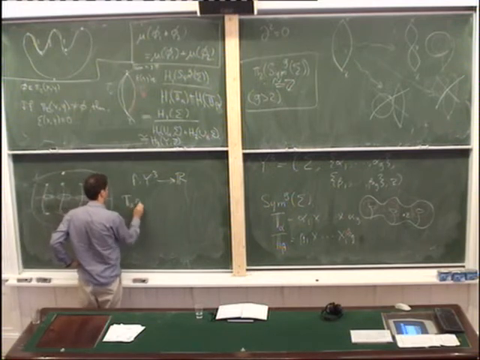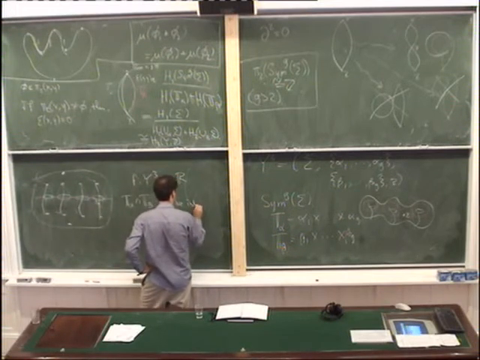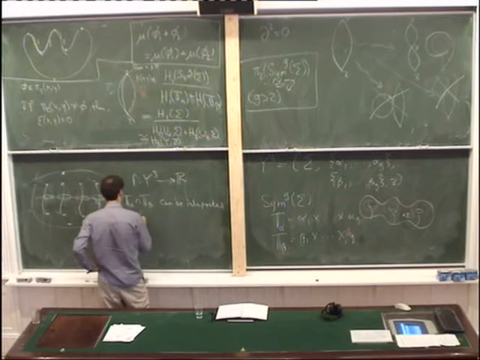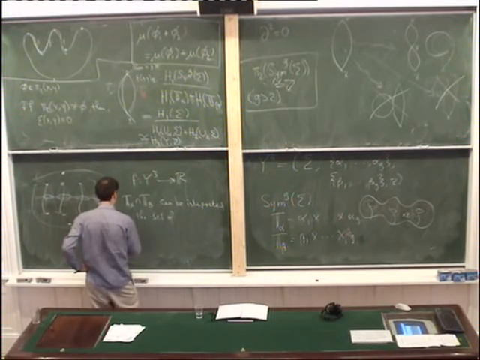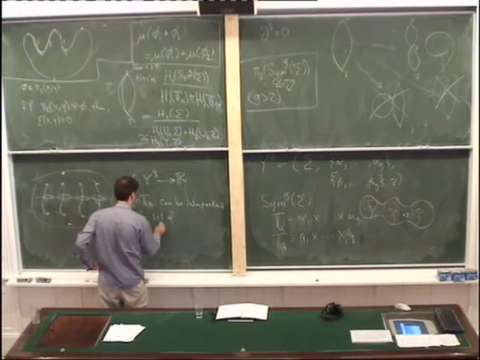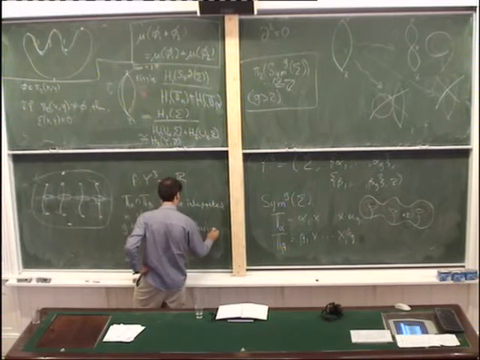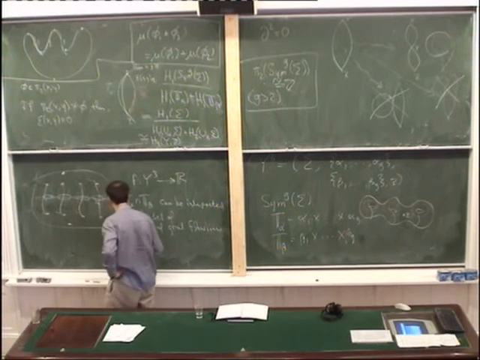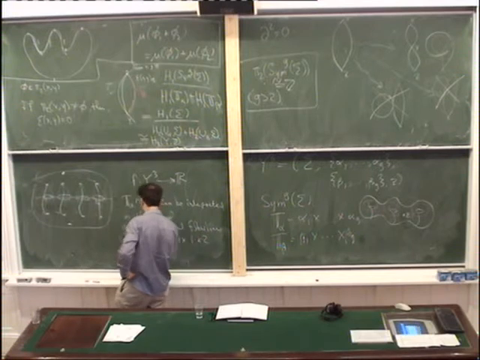T alpha intersect T beta can be interpreted as the set of G tuples of gradient flow lines connecting all the index 1 and 2 critical points.